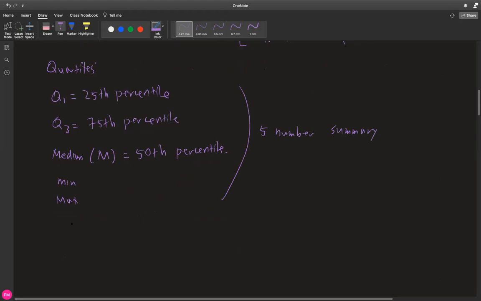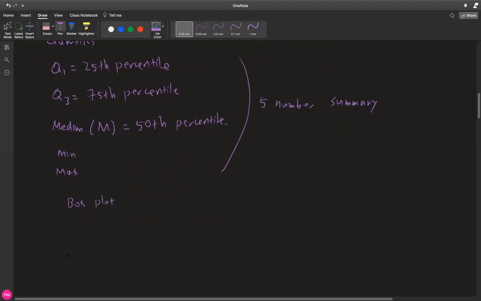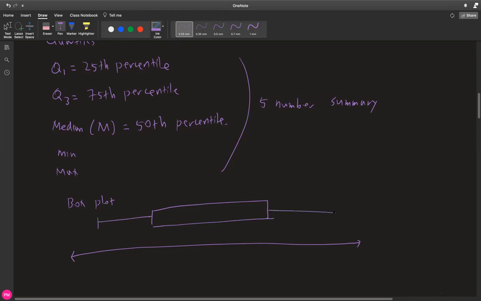You can simply draw a box plot. And that is, you first draw a number line, and there is a rectangular box and whiskers extending from each side of the box.